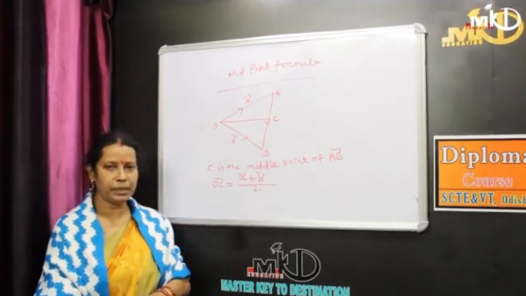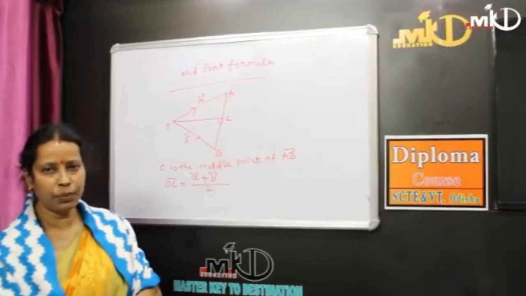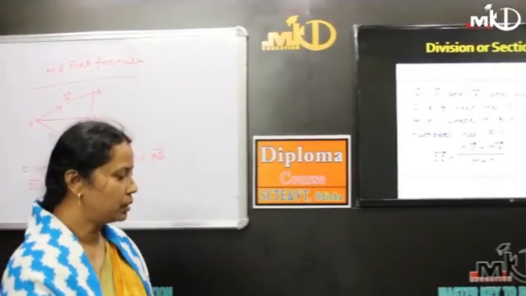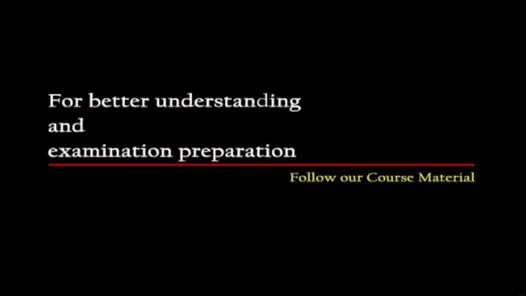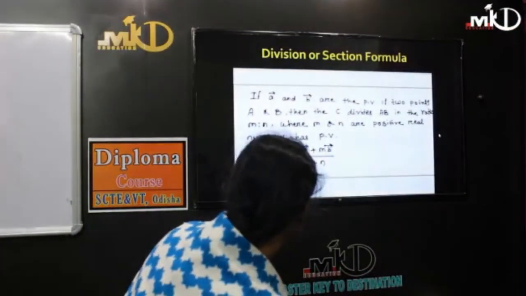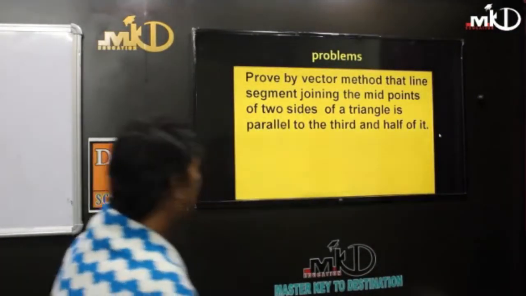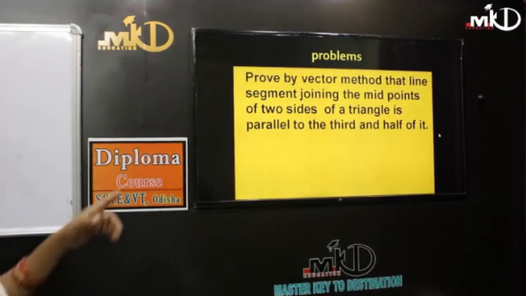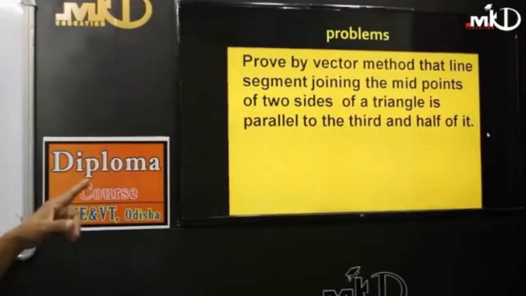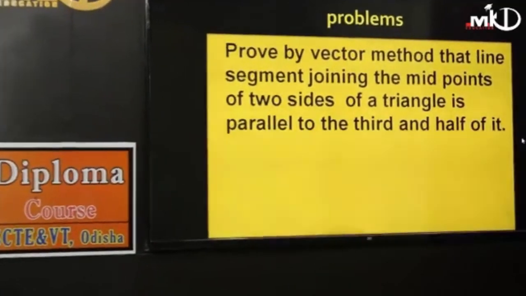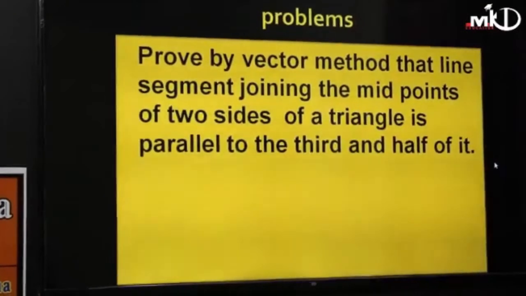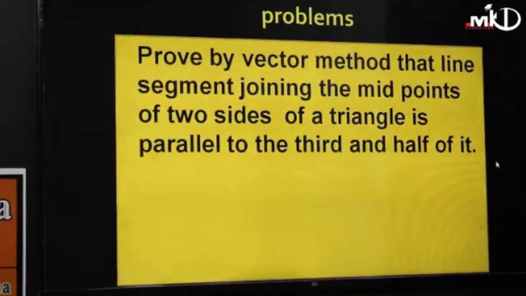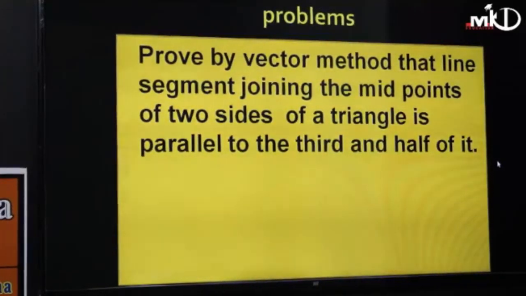Based on the theory, now we take a problem: prove by vector method that the line segment joining the midpoints of two sides of a triangle is parallel to the third side and half of it.